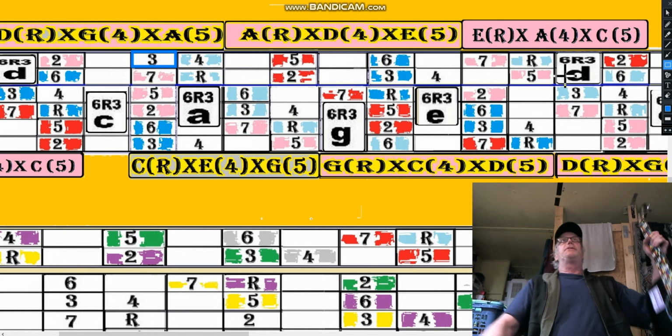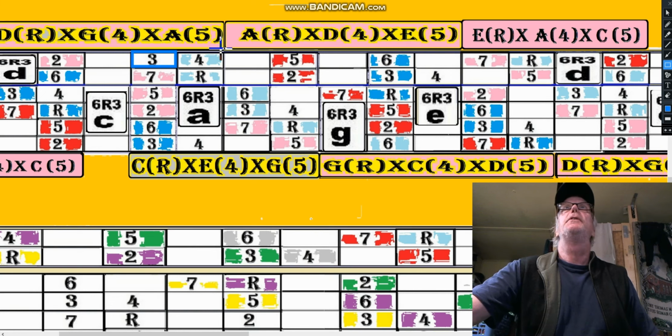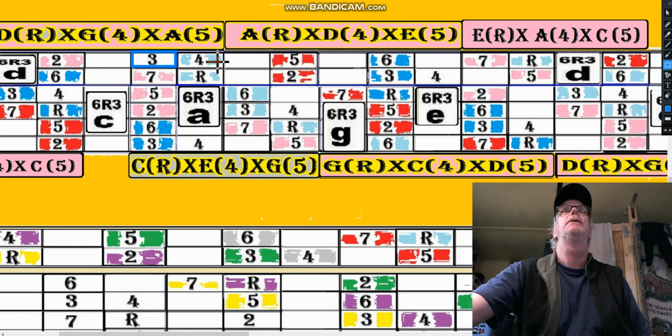Sorry, I made a little mistake in my chart. This 4 is not part of this arpeggio. The 3 is. I don't know why I felt like going to the 4 there, but I did with the color pattern. So don't worry about this one. It's part of the E4 pattern, but it's not part of either the 5th or the 6th.